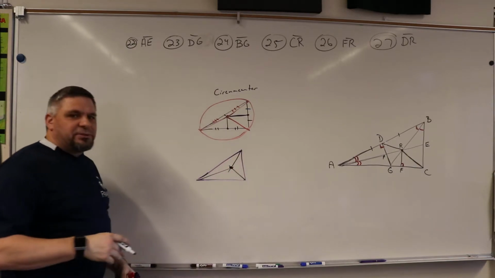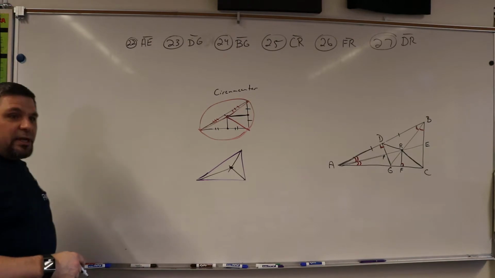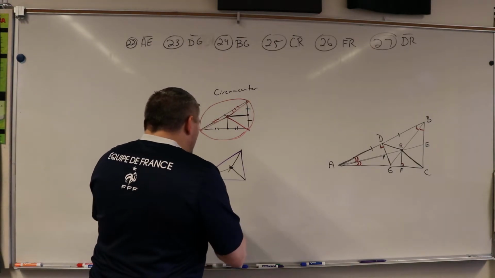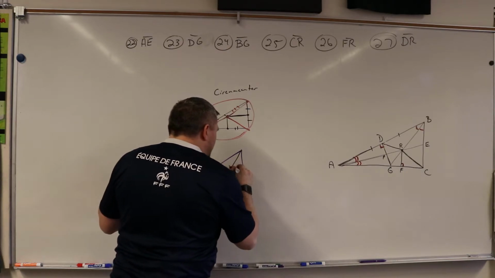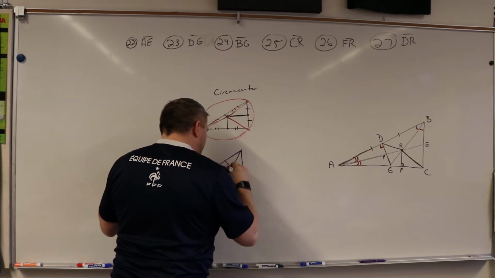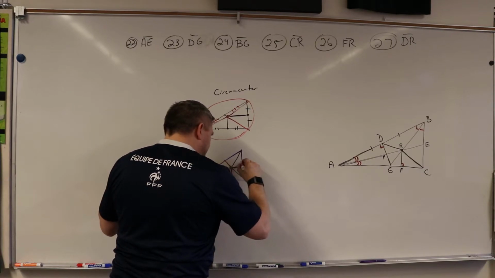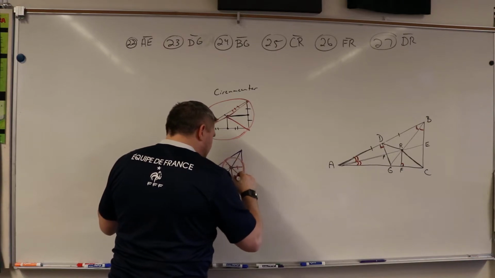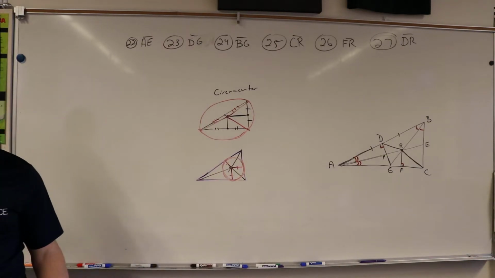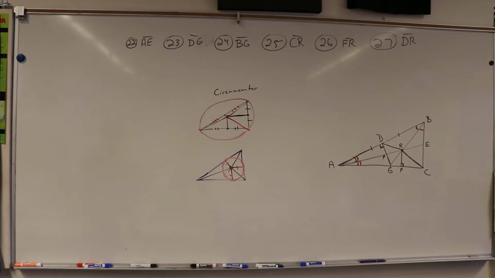This is going to cause what's called the incenter. And the incenter will create a circle where the perpendiculars are all the same distance. So these perpendiculars become your radius or radii of the circle.